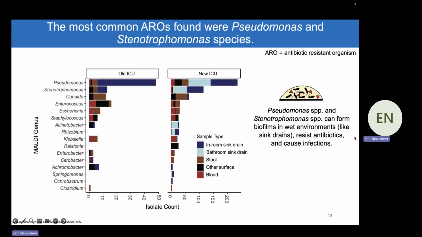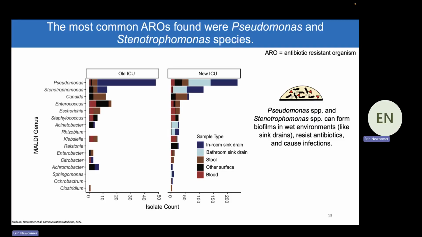Next we wanted to look at what these organisms are. What we're looking at here is the most frequent genera of isolates collected from the different sites over the course of this study. You can see the vast majority of our isolates were either Pseudomonas or Stenotrophomonas isolates.